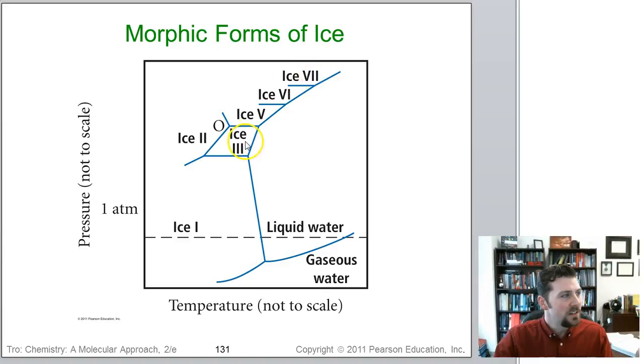And notice even here, the curve starts to bend back. So even though you're at a higher temperature under such high pressures, it still stays in the ice form or in the solid form. And it's important to note these are not to scale, because all of this stuff happens at a much, much, much higher pressure than 1 atm, which corresponds to where this line is, or the line that we normally live on, right?